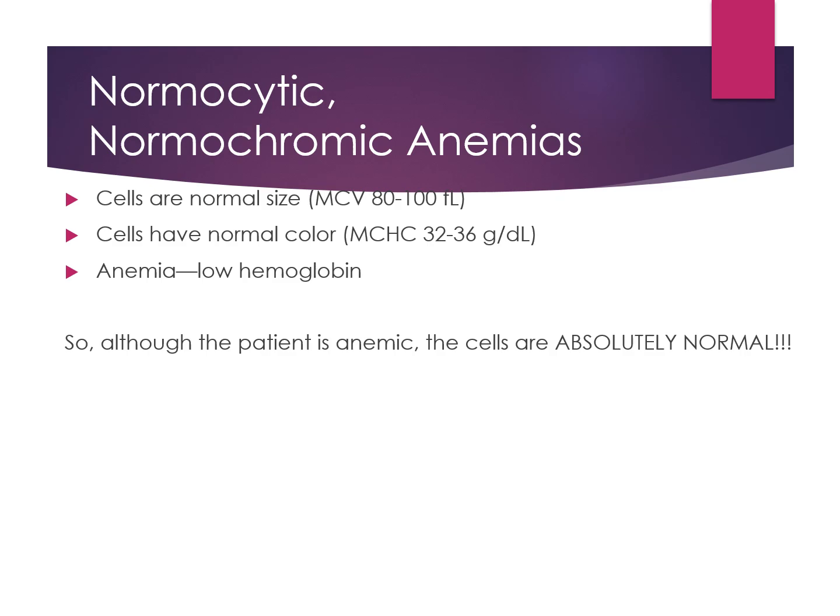Our cells will have a normal color, so our MCHC will be 32 to 36 grams per deciliter. Although there's a normal size and a normal color, we still have anemia, meaning we have a low hemoglobin. And although the patient is anemic, all of their cells are absolutely normal in terms of morphology and in terms of their MCV, MCHC.